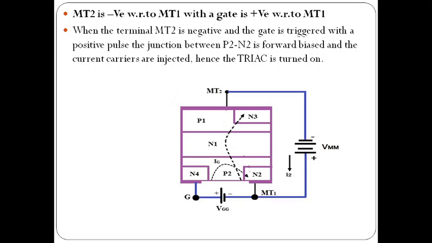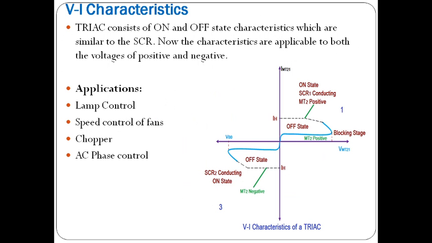So we can say for the positive and negative trigger pulses, this triac will conduct. That's why we are saying this triac is a bidirectional switch. So that's why we are calling this triac a triode for AC switch.